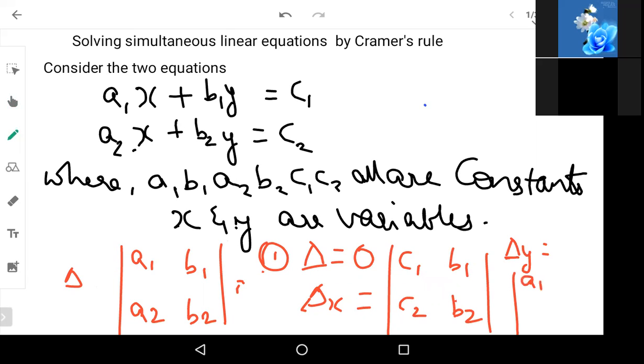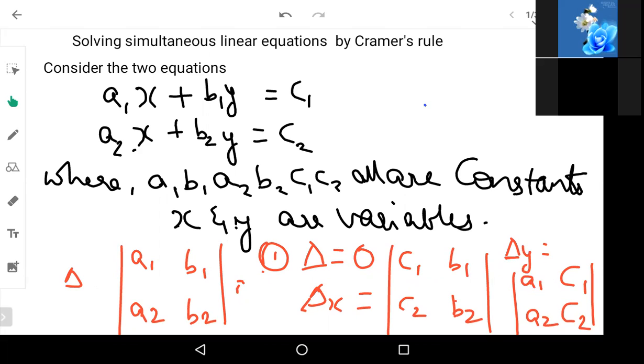You'll have A1, A2, and instead of B1, B2, you'll have C1 and C2. Now we will solve this determinant, and once we solve it, we will get delta y. So this is how we find out delta, delta x and delta y.